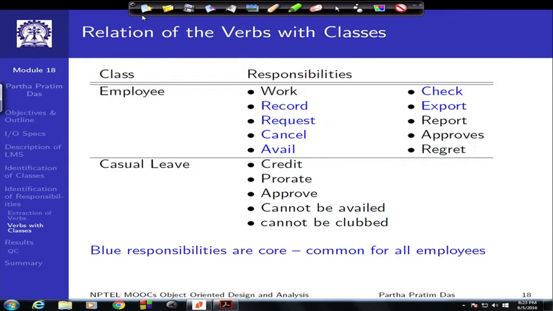Maybe it just applies to lead or manager, but does not apply to executive. So, in terms of generalization, I will say that these are the more important, more common responsibilities that we identify, and we will try to put them together with the classes that we have.